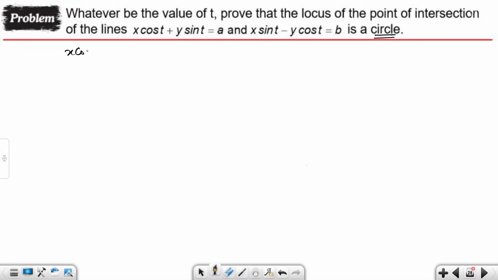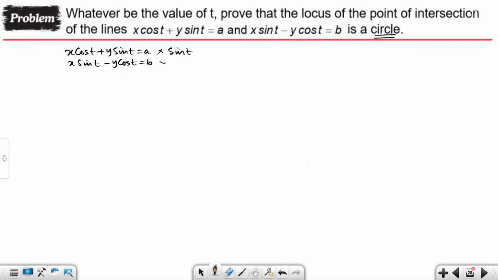That is, we have to solve these two given equations to get the point of intersection, whose locus you have to find at the end. So let us find the point of intersection by solving these two equations.